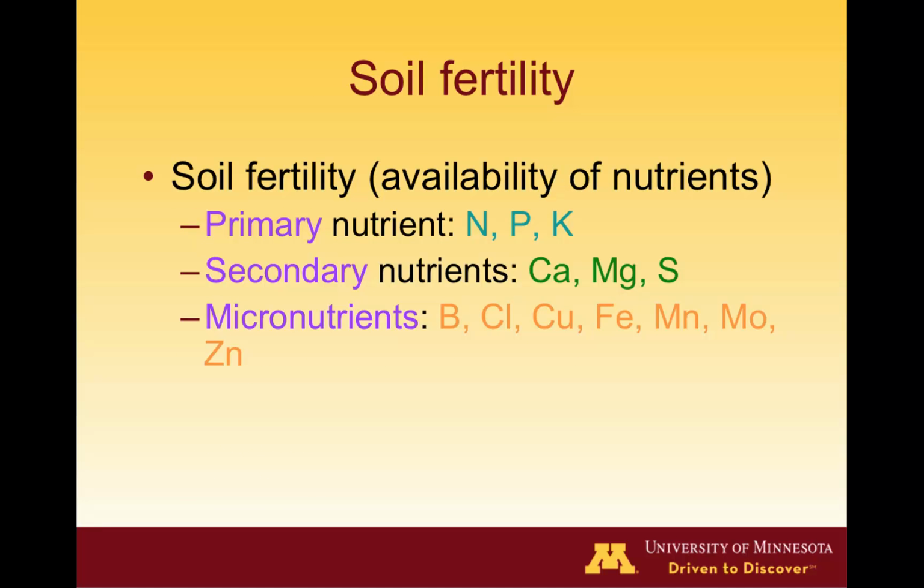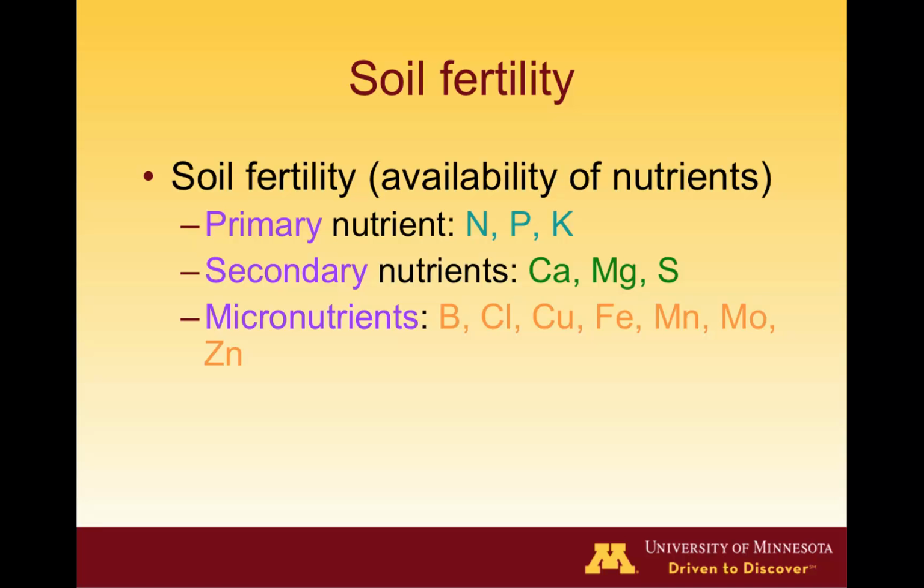So for soil fertility, which is very important when growing agricultural products, the primary nutrients the crops need are nitrogen, potassium, and phosphorus, NPK. The crops also need secondary nutrients such as calcium, magnesium, and sulfur.